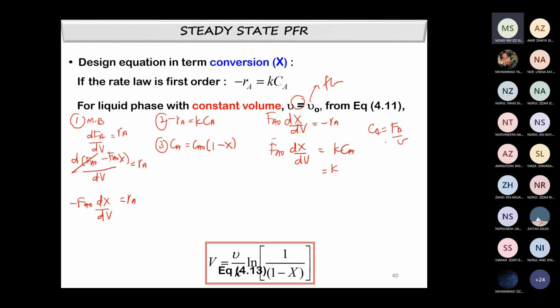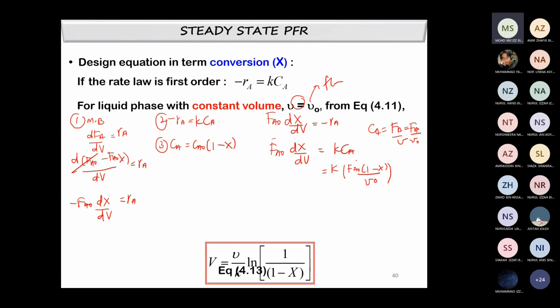Basically kalau FA naught dia akan jadi V naught, daripada situ kita dapat FA naught (1 minus X) over V naught. Daripada sini sebenarnya ini adalah CA0, concentration datang daripada FA0.